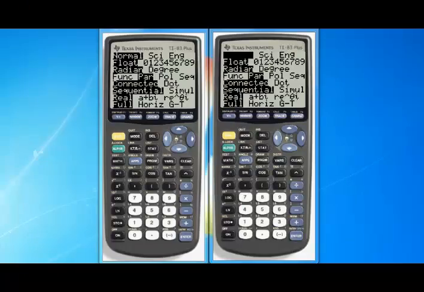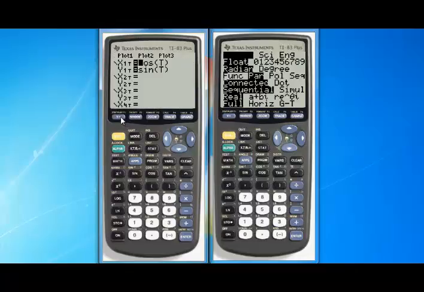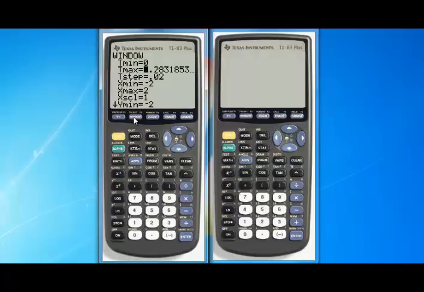We use our calculators to check our result. We make sure both calculators are set in radian and parametric equations. For the calculator on the left, we click on Y equals. Type in x equals cosine of t and y equals sine of t. Click on Window. T ranges from 0 to 2 pi.